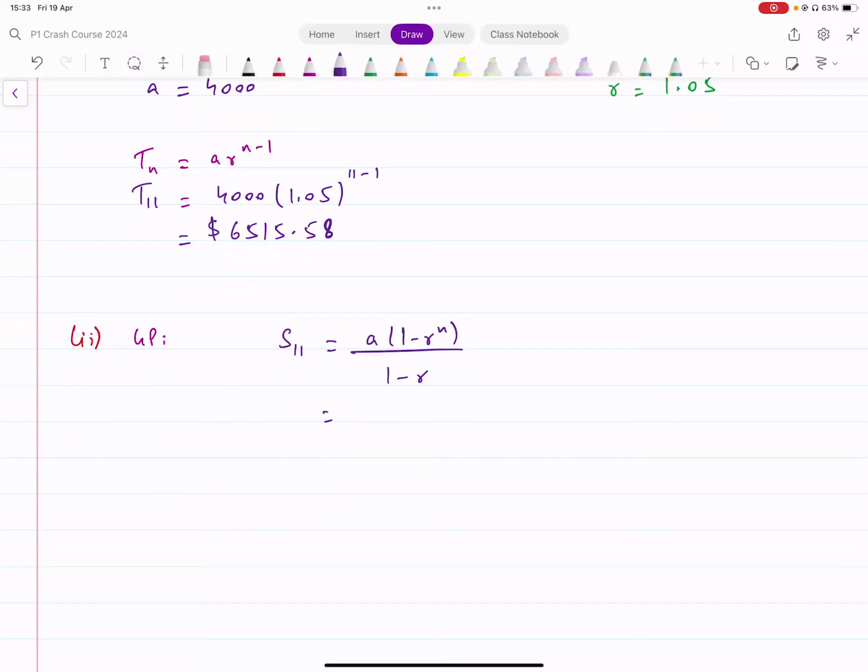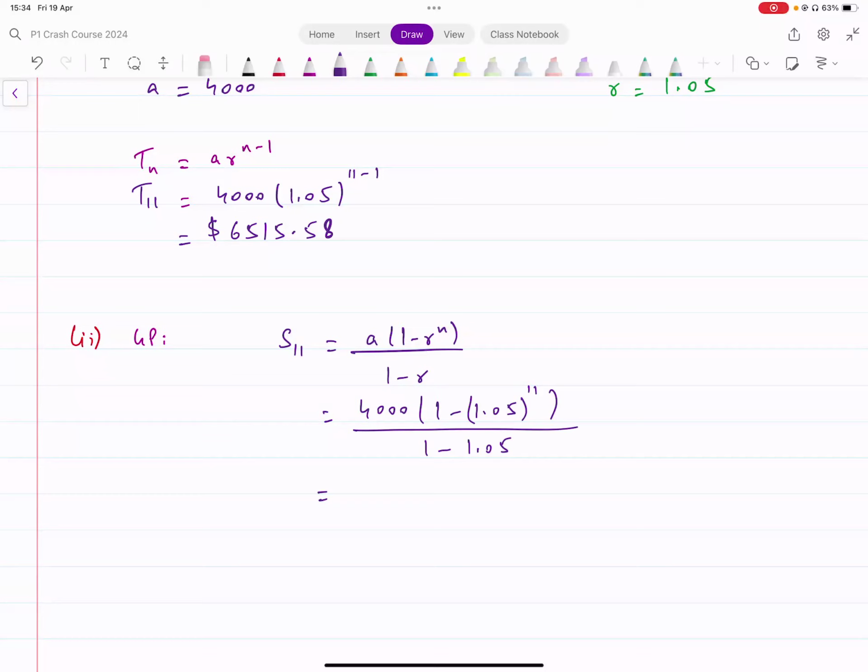The first term was 4,000 into 1 minus 1.05. Remember, whenever the ratio is negative, make sure to write that in brackets. Otherwise, it's all right, but it's better to make it a habit to always write it in brackets. 1.05 raised to power 11 divided by 1 minus 1.05. And see what that gives you.